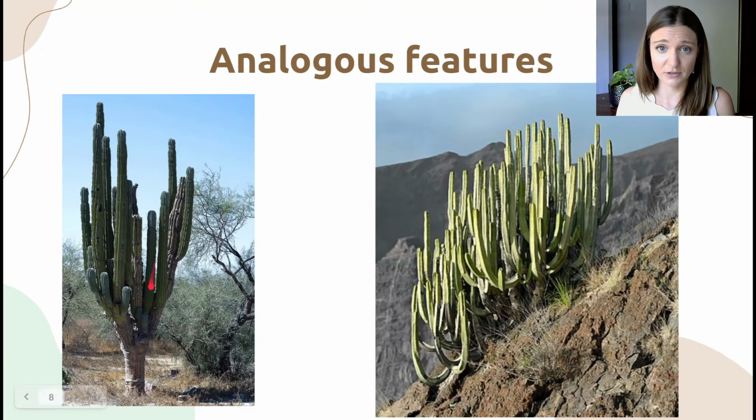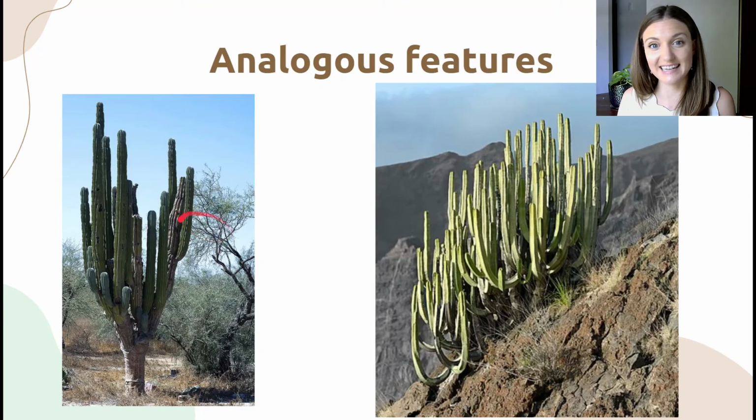They have similar structures. There's big, long, thin stems here, and their leaves are spines. Similar thing here. Big, long stems, and their leaves are spines. But these similarities are not due to the fact that they share a common ancestor. Similarities in cacti and euphorbias are analogous structures, meaning that they evolved these structures independently.